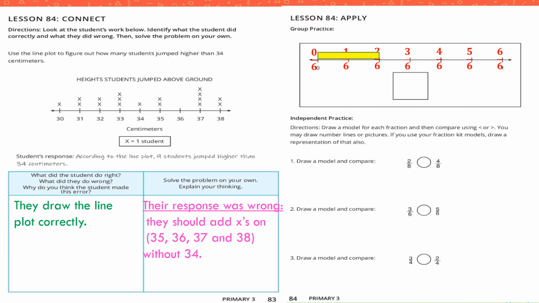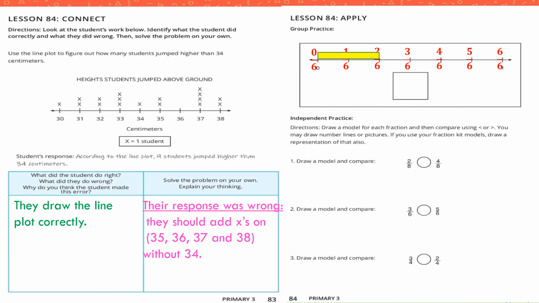The next example, comparing two fractions by drawing a model. Here we have two ways to solve. The first way, you can solve it by deciding if it's crazy or normal. The second way, you can solve it by using the number line.